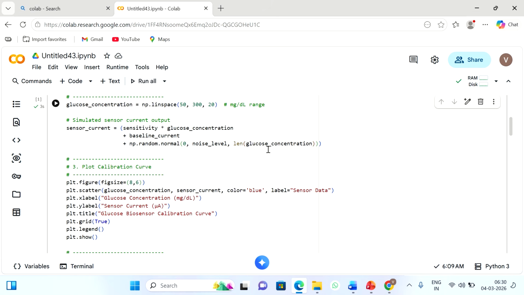Written mathematically, it is I equal to SC plus I baseline plus noise, where I is the sensor current, S is the sensitivity, C is the glucose concentration, and the noise is np.random.normal(0, noise_level, size).